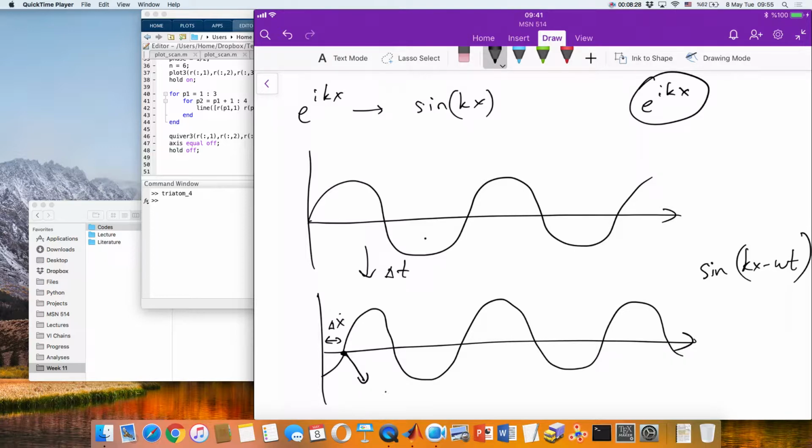It's telling you that sine of k delta x minus omega delta t has to be 0, right? Which tells you that delta x over delta t, which is the velocity of this wave, is equal to omega over k. Does it make sense?